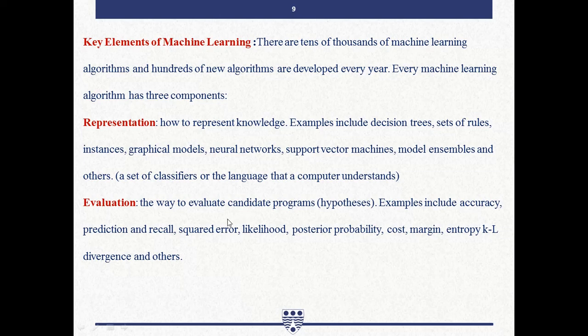Then secondly, we need to find a way to evaluate our machine learning algorithms. For instance, if you are working on predicting numbers, maybe doing regression problems, you need to find the appropriate evaluation techniques for this.